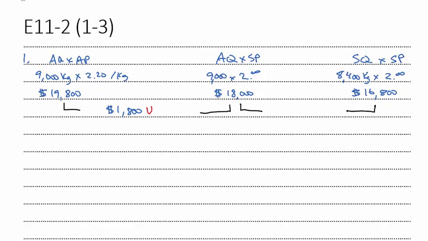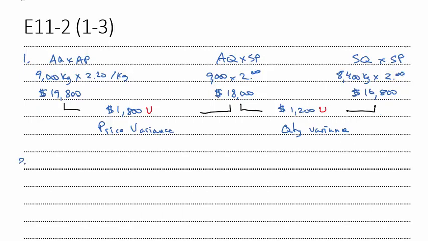And looking at the quantity variance, going from 16,800 to 18,000 is also unfavorable. This time it is a $1,200 unfavorable variance. So this is the price variance, and this is the quantity variance.